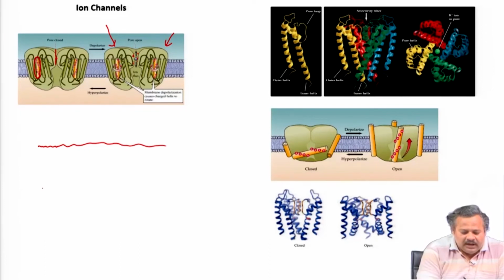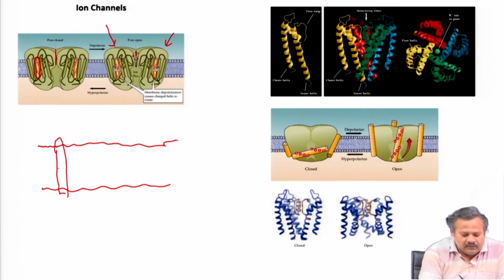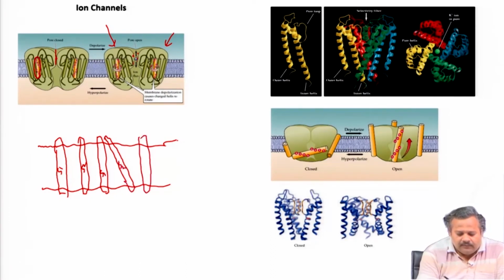If we have a membrane like this, each of the units of the potassium channel is made up of 6 transmembrane domains, and they are basically S1, S2, S3, S4, S5, and S6.